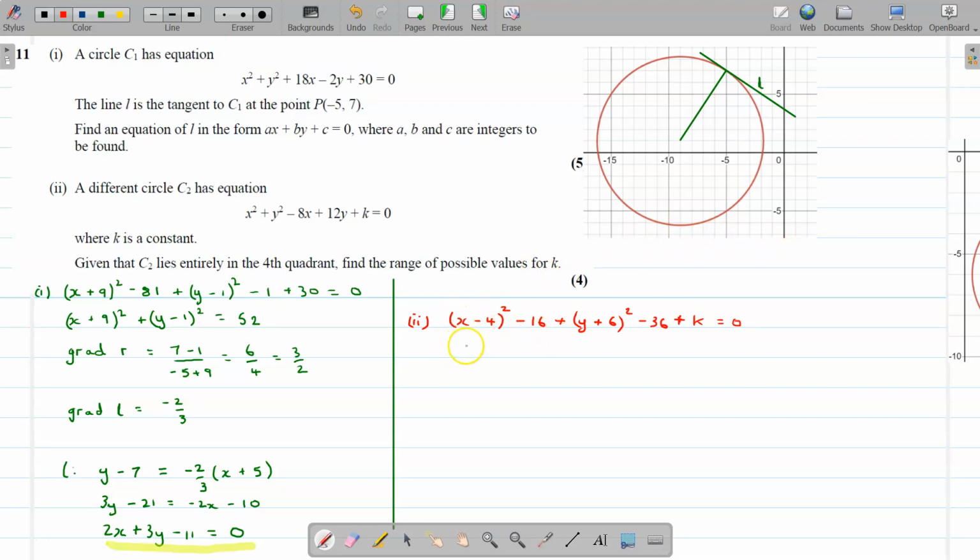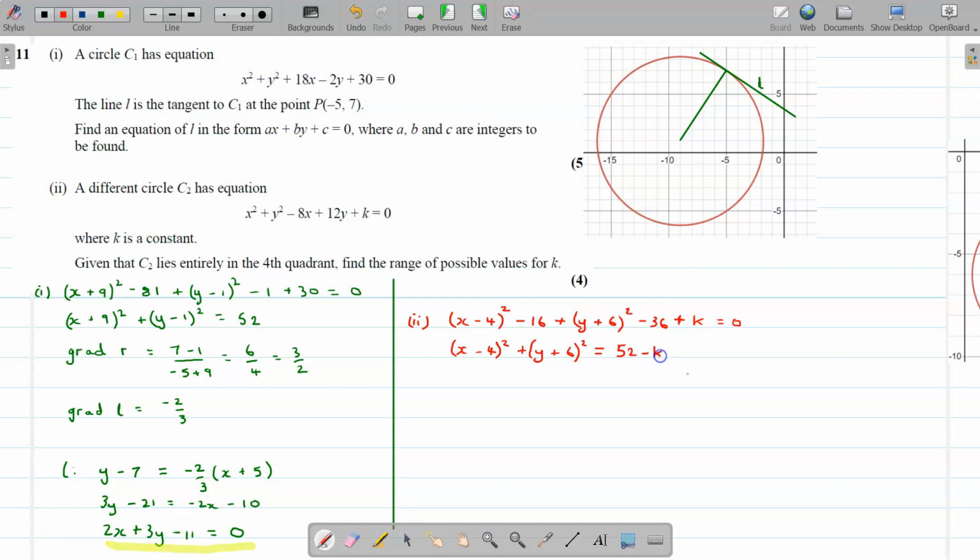Let's just finish this off first, and then I'll pull in a graph of this circle. So we've got x minus 4 squared plus y plus 6 squared. So the center of this circle is at the point 4 comma negative 6, and that equals 52 minus k.